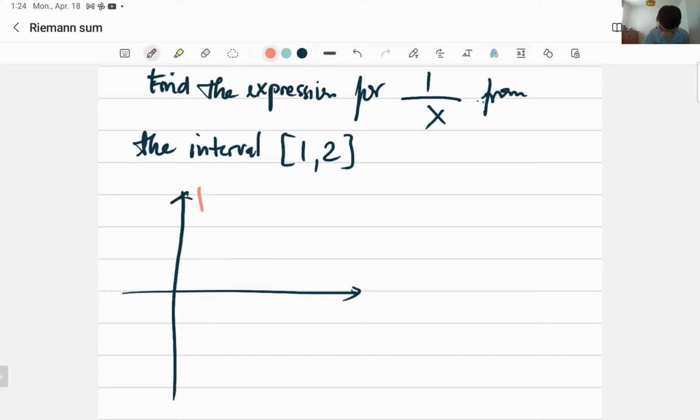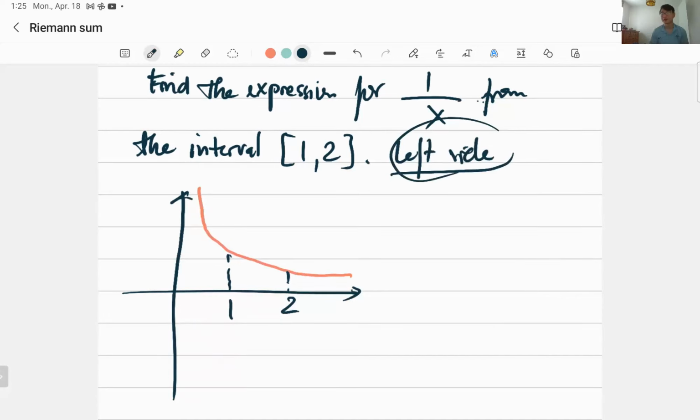And I can draw bigger, so we can see this clearly. Of course, we can't estimate everything on the left side of the Riemann sum. Let's estimate this one with the left side of the Riemann sum. I love left sides, but I can do the right side later on, don't worry.